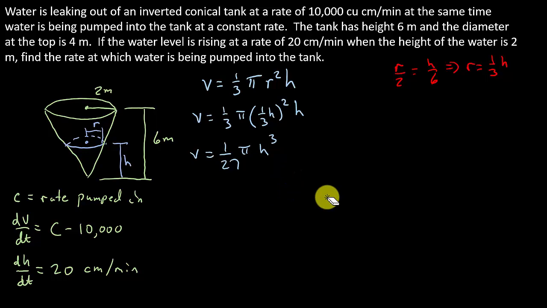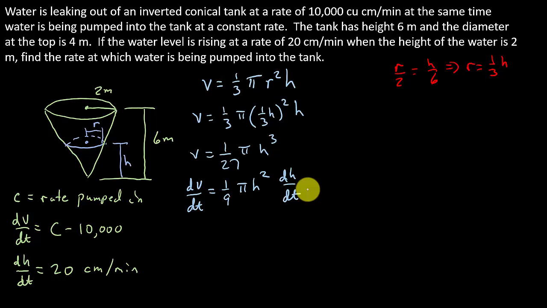So there's my function. Now let's go ahead and take the derivative with respect to t. So I get dV/dt is equal to 1/9 pi H squared, the 3 comes down, subtract 1, dH/dt.